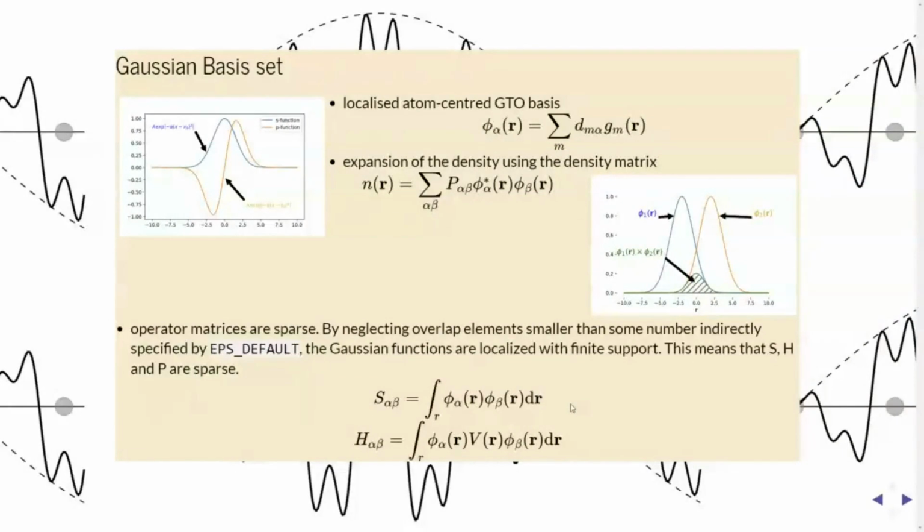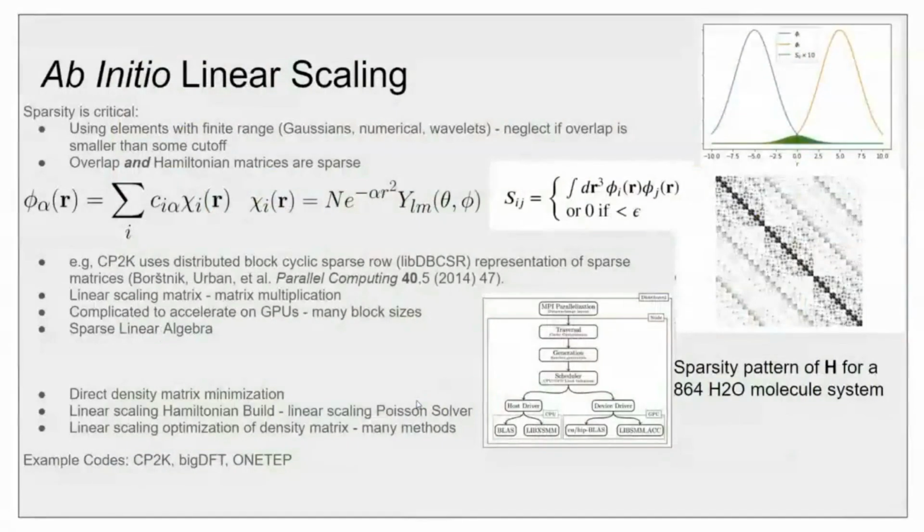So by cutting off elements of the overlap matrix at a certain value, we get sparse matrix representations, which are used heavily in CP2K. Because we've got this sparse representation, in principle, you can set up linear scaling algorithms. There's a bunch of them in CP2K. We're not going to touch on those in this course, but if people are interested, we can get more information about those.